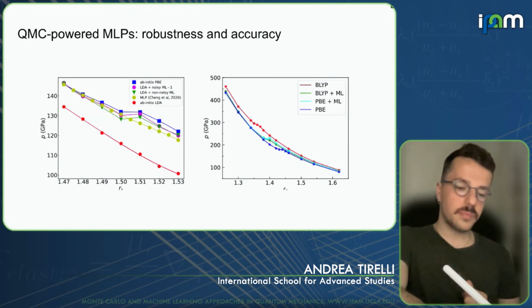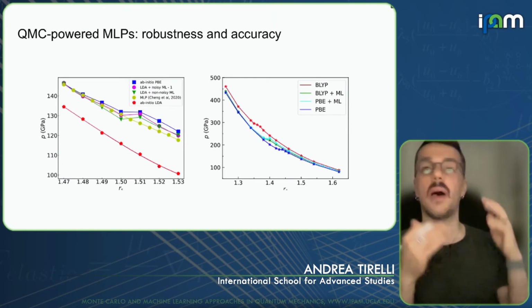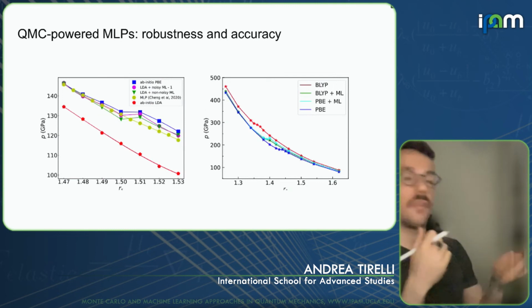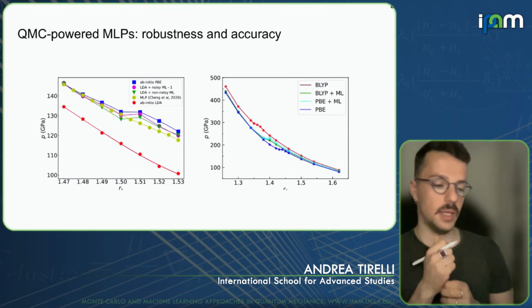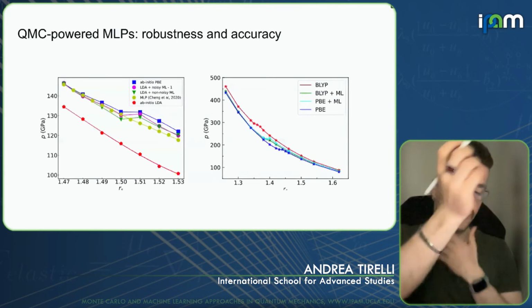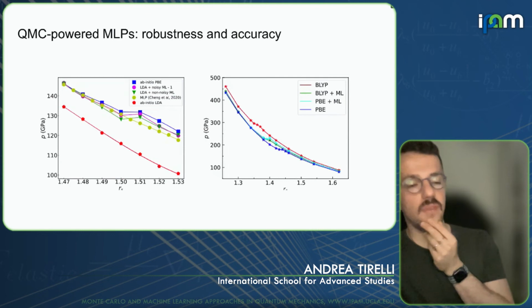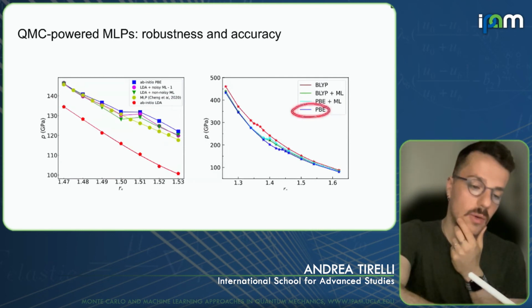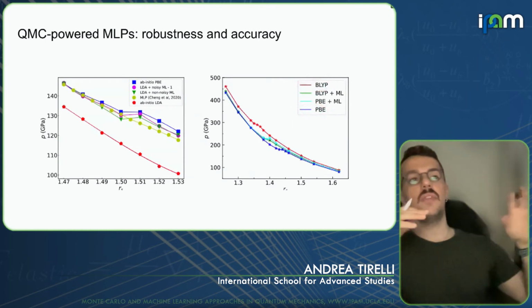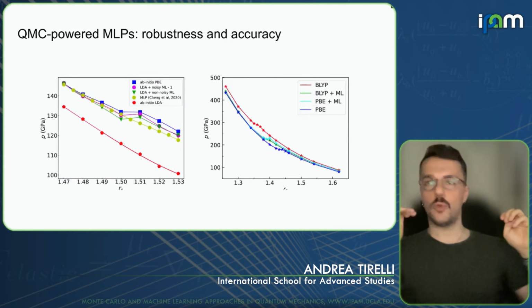So first of all, regarding the first question concerning robustness with respect to variation of the baseline model, we performed several simulations, and the idea was, okay, if we start with two DFT simulations with different functionals, say PBE or BLYP, and we learn the respective correction terms in order to predict VMC.